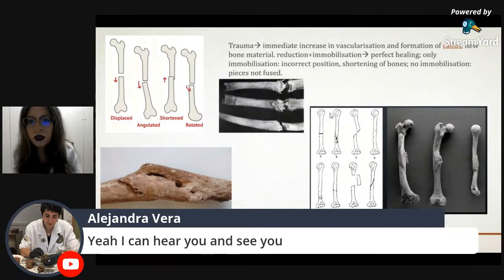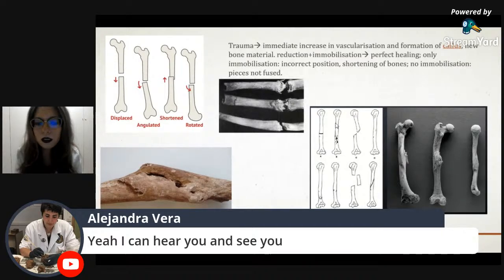So with reduction and immobilization, let's think about the common, modern cast that is usually used in hospitals nowadays, the perfect healing happens. But in the past, many times they didn't know that they had to reduce the bones.